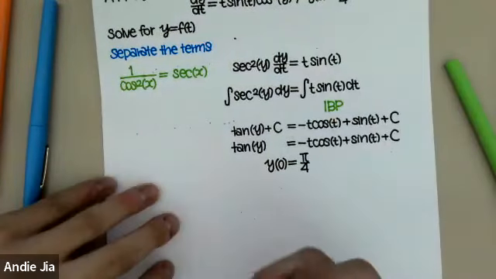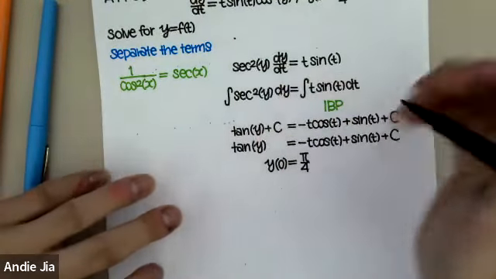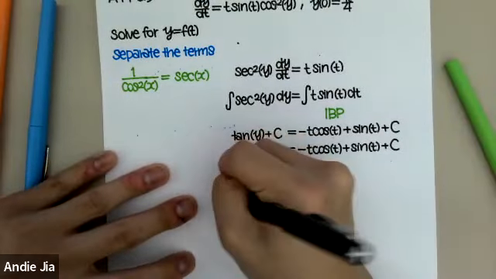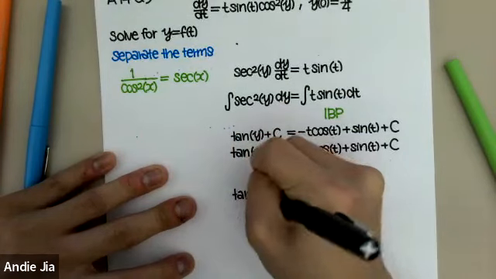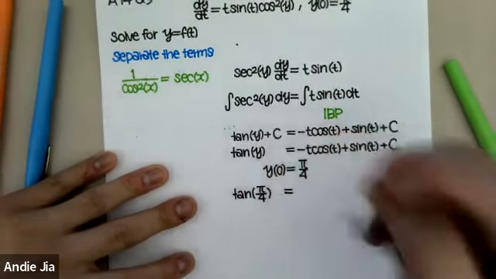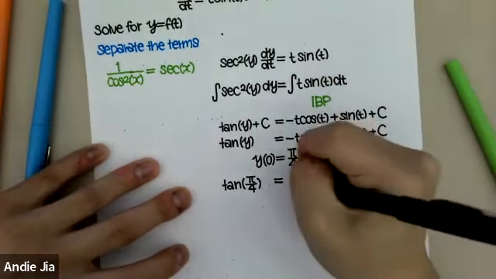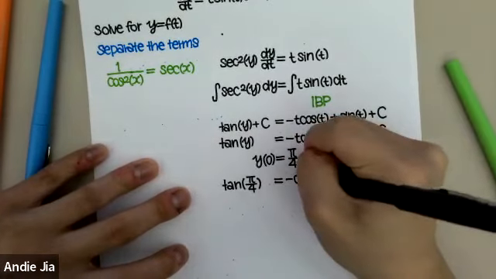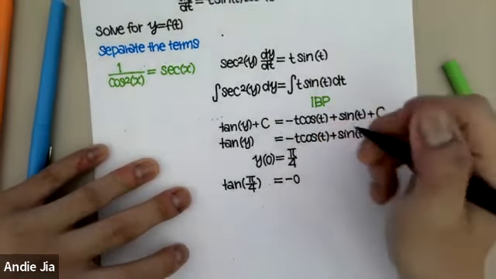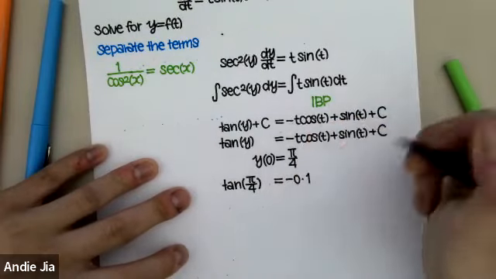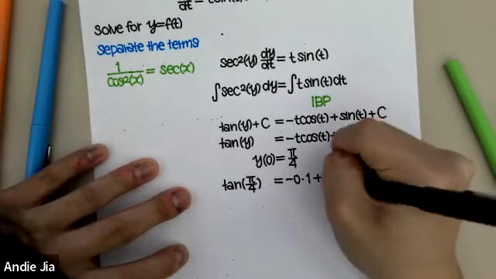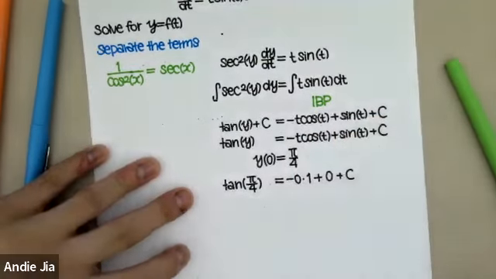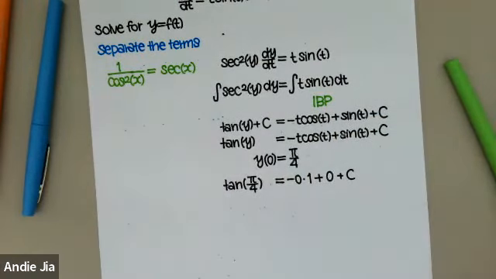So we plug in: tangent of pi over 4 equals negative 0 times cosine of 0, which is 1, plus sine of 0, which is 0.